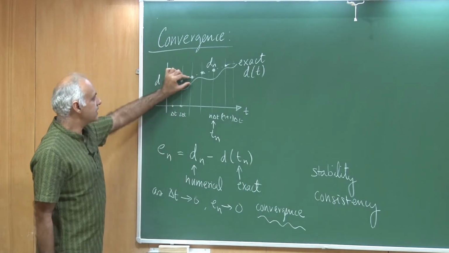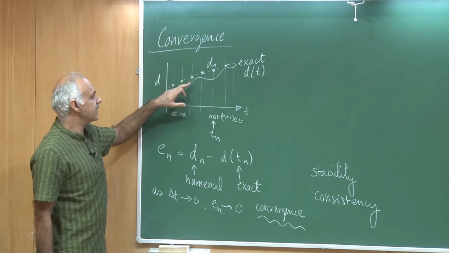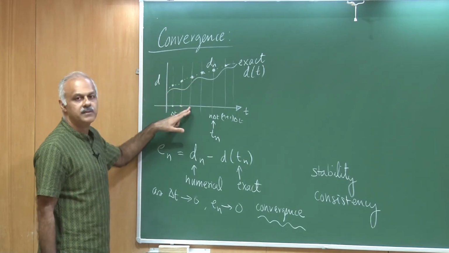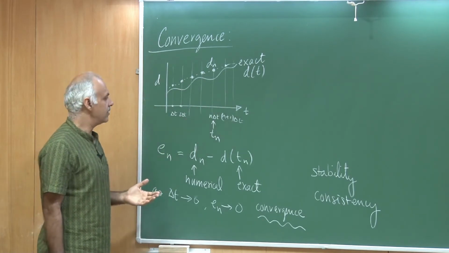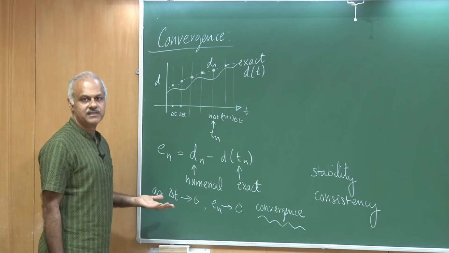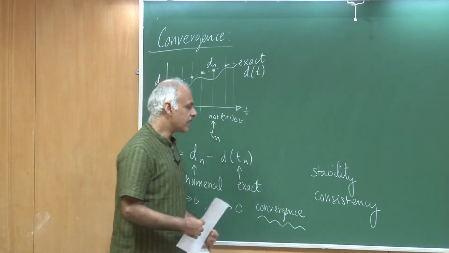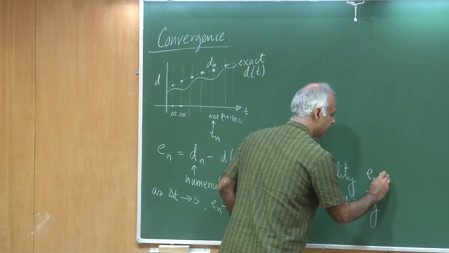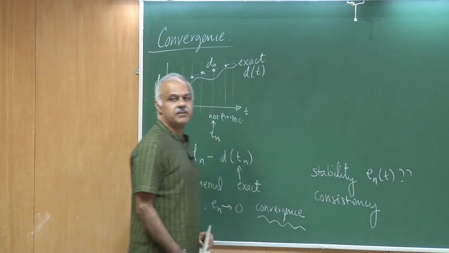If I have a certain error between the exact solution and my numerical solution at a certain time, what happens to this error with time? Does it grow or does it decay or does it remain the same? That aspect is stability. So, how does error E n grow with time. That is stability.